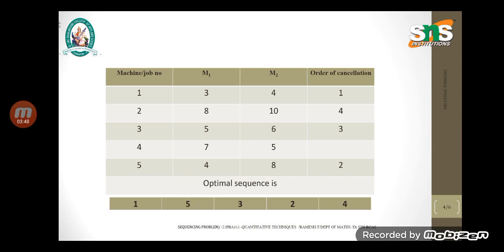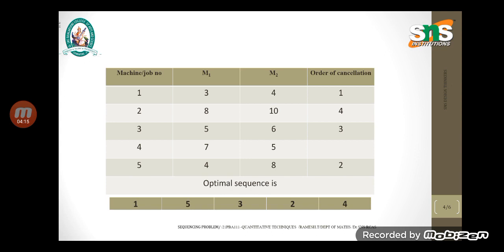Already we have 3 hours, so 3 plus 4 is 7 hours. Next we take the fifth job on machine 1. Machine 1 time-out is 3 hours and it takes 4 hours, so 3 plus 4 is 7. On M2 we take these 7 hours, after completing the first job on M1. The fifth job takes 8 hours, so already we have 7 hours, and when it is complete, 7 plus 8 is 15 hours.